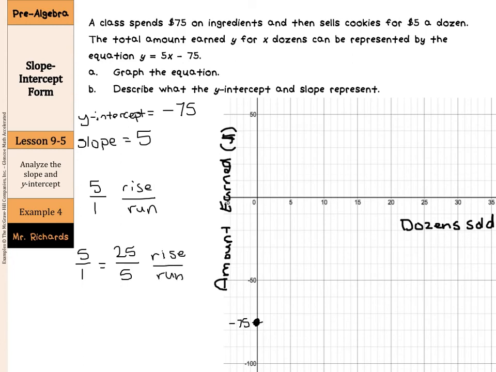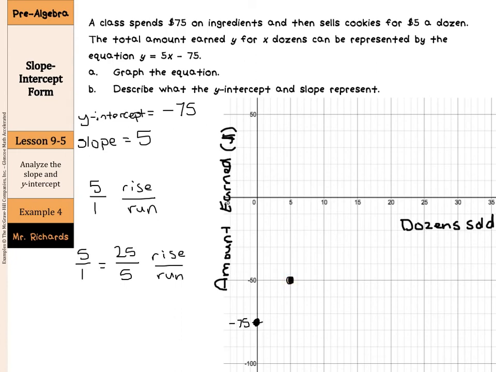How would that look? Well, a rise of 25 from negative 75 would take us up to negative 50. And then we would need to run 5 dozen, or just the 5 for this question, which is right there. And from this point, what if we went up another 25?